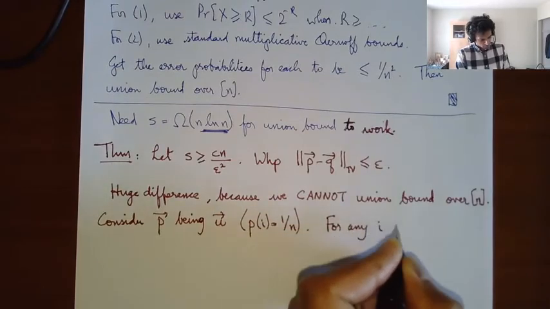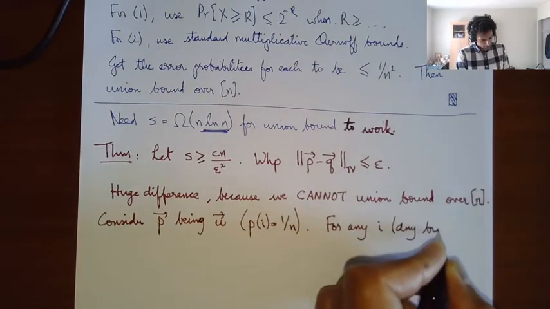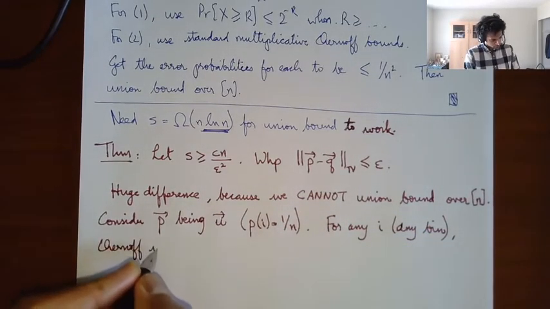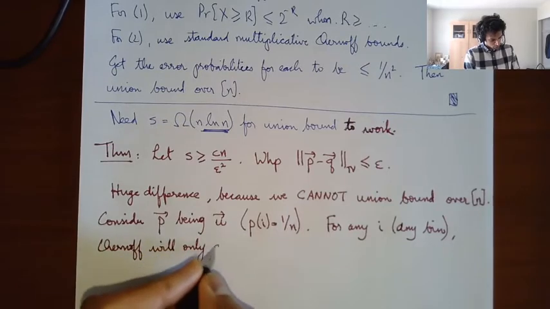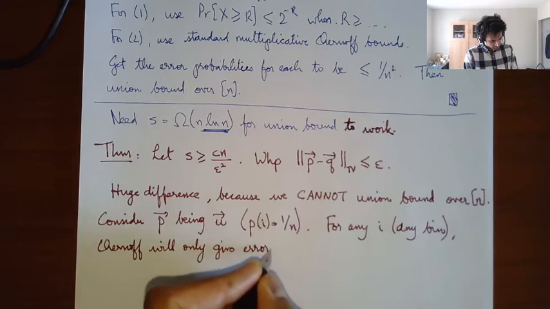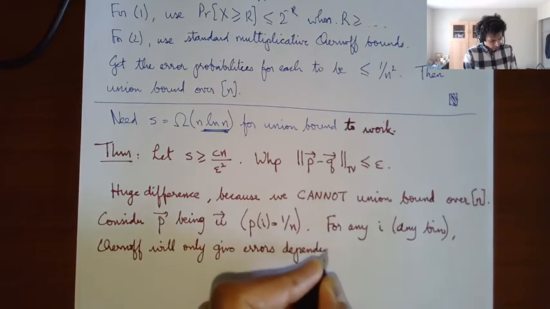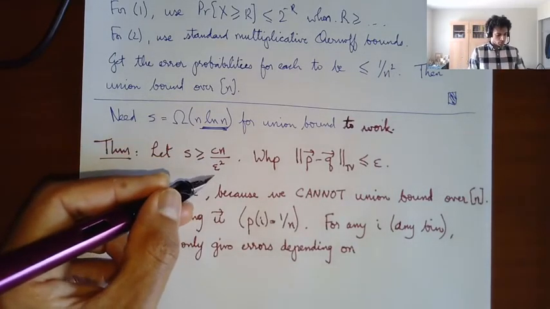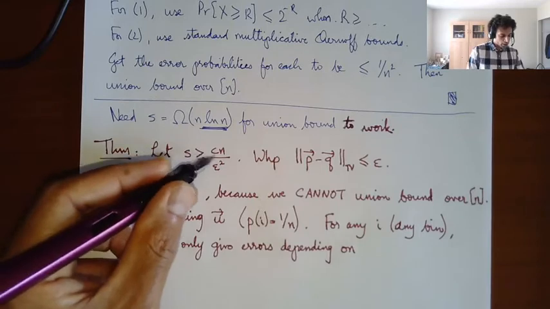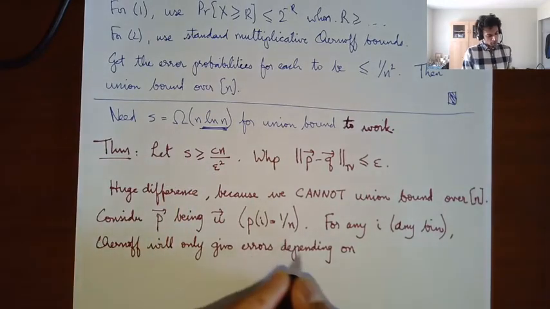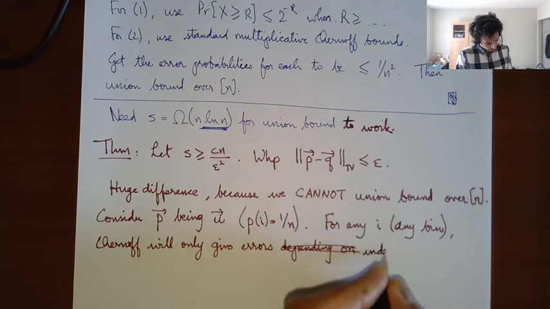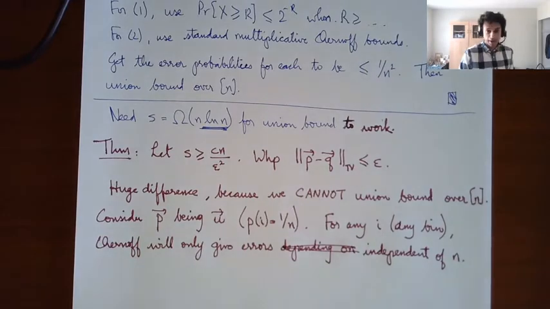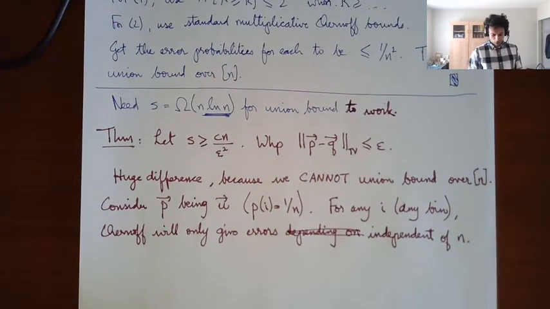For any i, which you can think of as any bin if you want to think of a balls and bins process, Chernoff will only give errors depending on whatever extra parameters you have. But that is when you set the number of samples to be C over n log n. Also, I should say, errors independent of n. So they are independent of n.